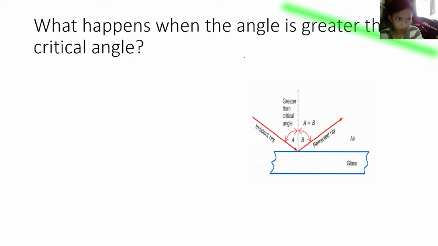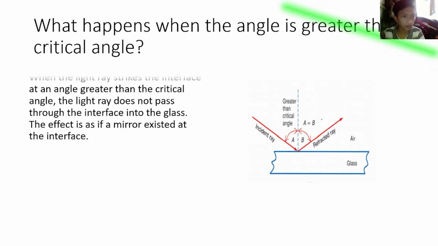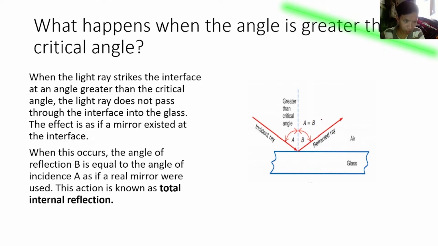Okay, now there is a question: what happens when the angle is greater than the critical angle? If greater than the critical angle, this is what happens. As you can see, you see a reflection since A is equal to B. However, the more accurate response would be total internal reflection.